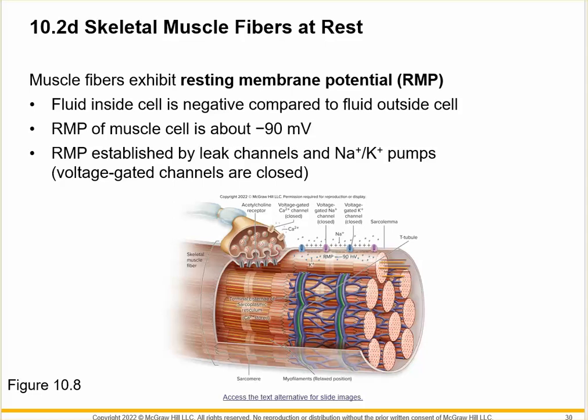Potassium can actually leak through the leak channels, but it has two competing forces. There is the concentration gradient of potassium that wants potassium to leave the cell, but it is counterbalanced by the electrical gradient: the positively charged potassium doesn't want to go towards the more positively charged outside of the cell, the sodium.